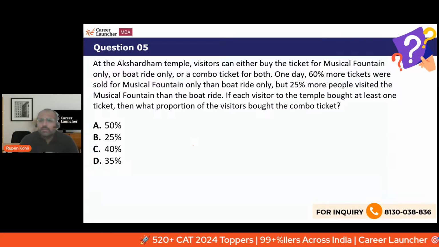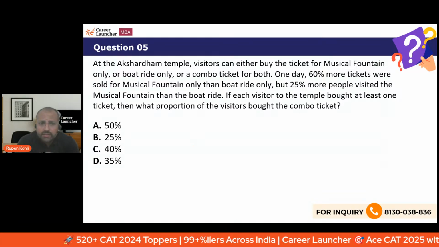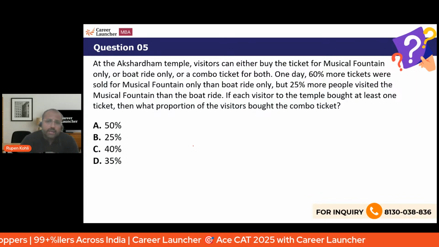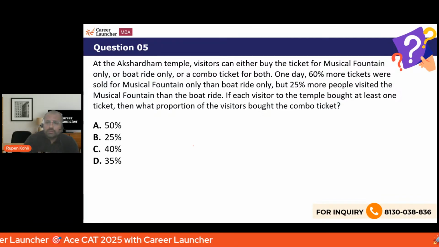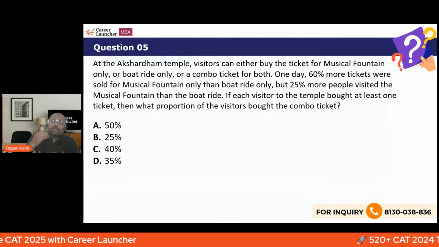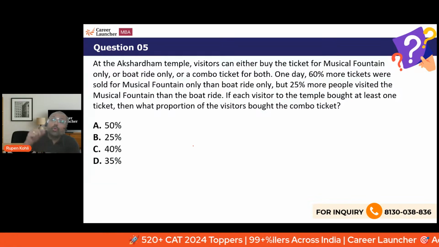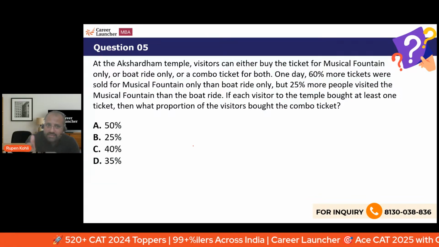But 25% more people visited the musical fountain than the boat ride. Okay, it makes sense. I think this is quite possible because the number of people visiting the musical fountain is not the same as the number of people who have bought the ticket for musical fountain only, as we just said, right?